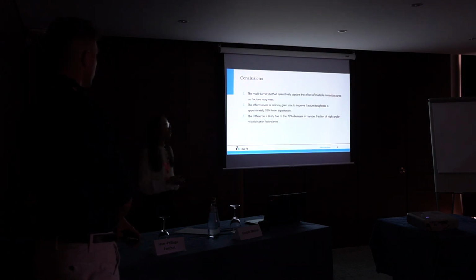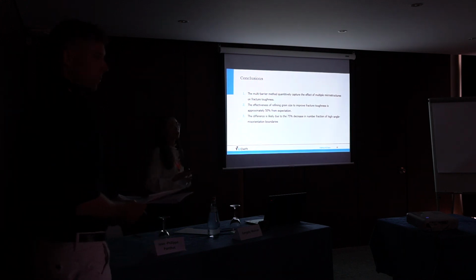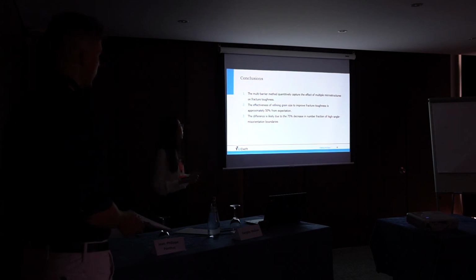So our conclusion is we are using this multiple barrier model to quantitatively capture the microstructure effect on the fracture toughness. And when we apply this model to a heat-treated material, we can estimate how effective the grain refinement is at improving the fracture toughness.